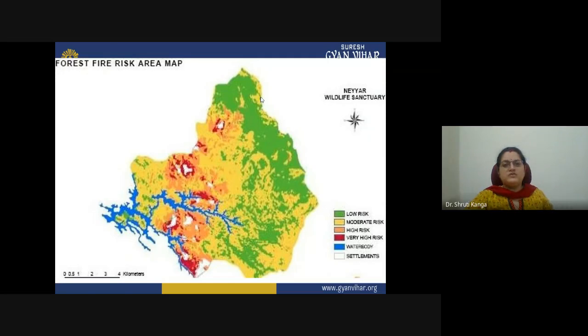Then this is a forest fire risk map where they have tried to categorize the various classes of risk of fire, forest fire incidents in a particular area.